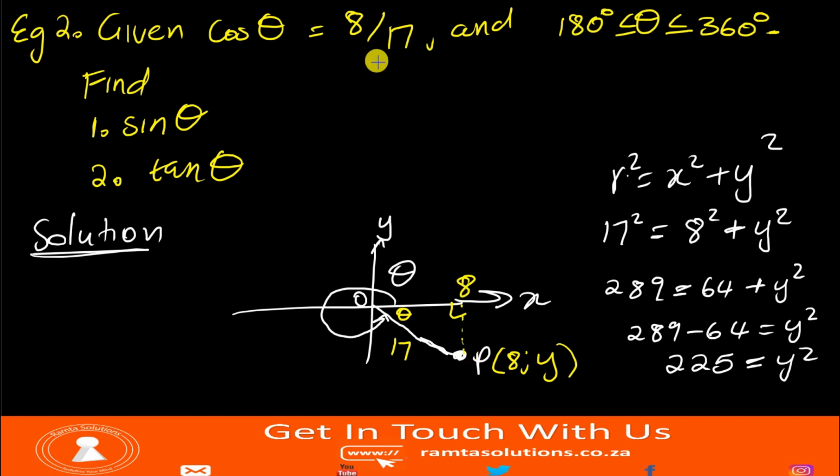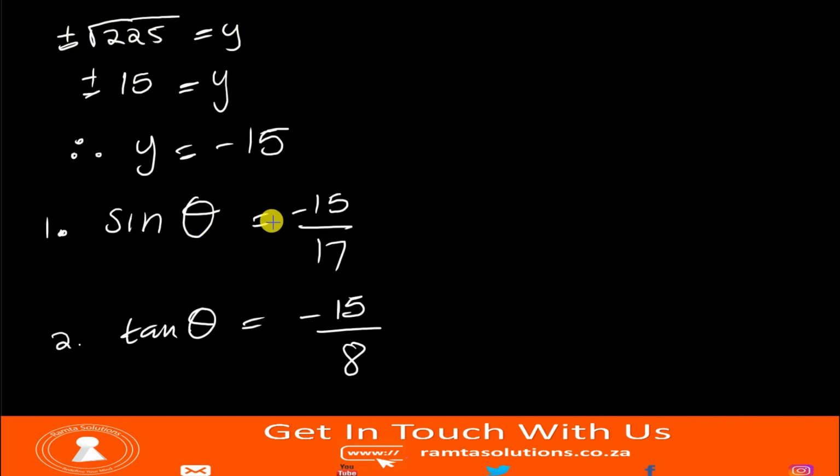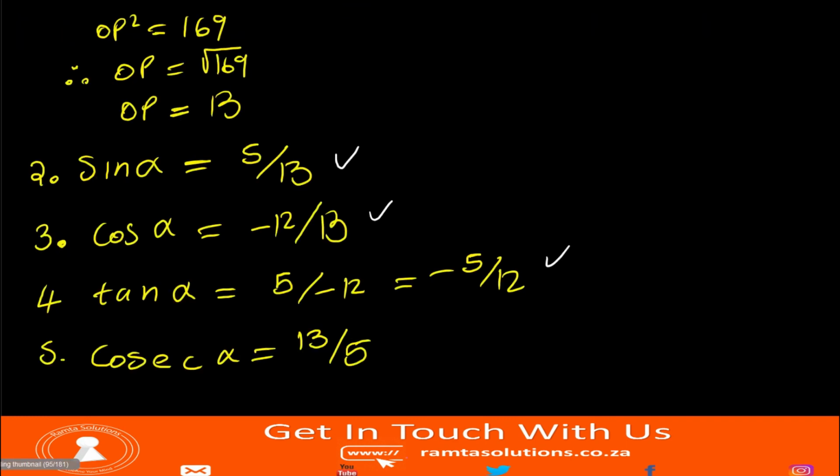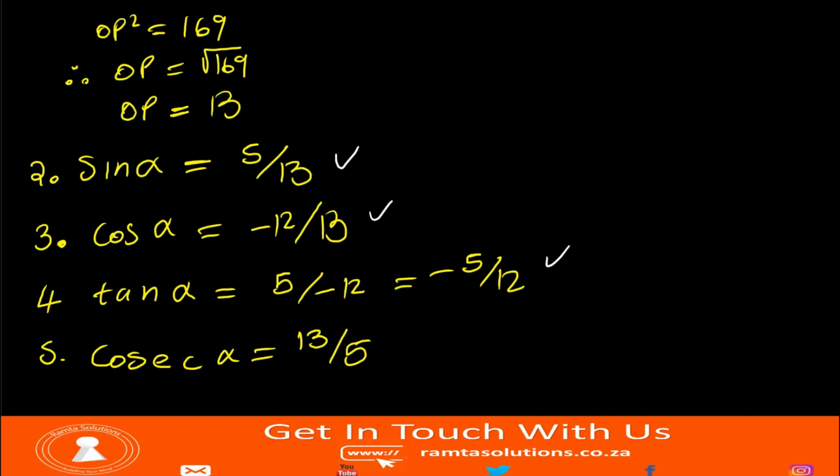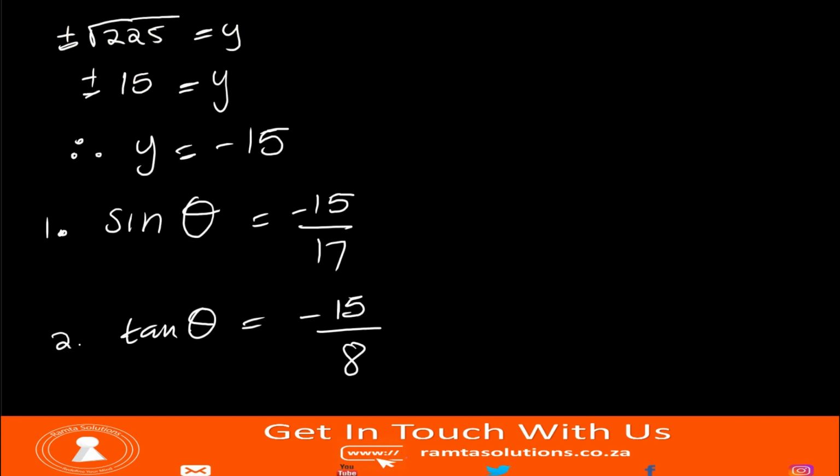The rest are negative. Cos theta is positive 8 over 17, sine theta is negative 15 over 17, while tan theta is negative 15 over 8. It makes sense. When you refer to the cast diagram, indeed, it should be like that. Can you guys see that? So in the 4th quadrant, only cosine is positive. So this is how you will be doing questions on the cast diagram.